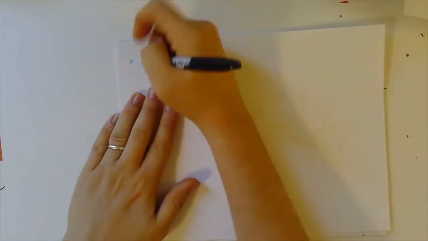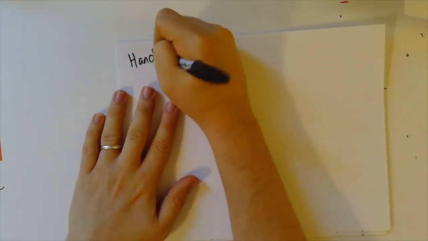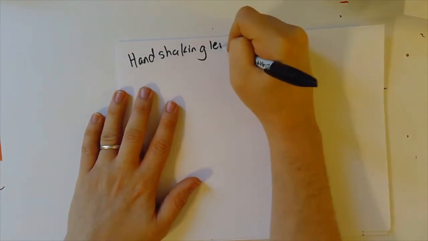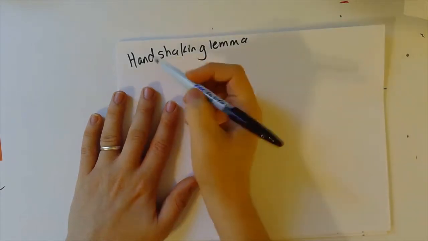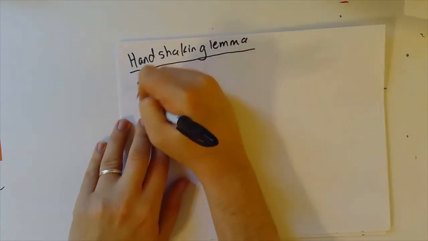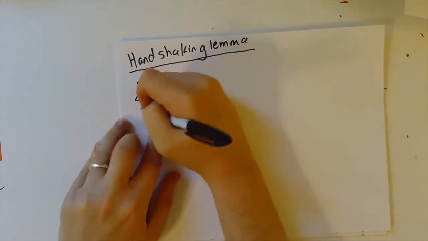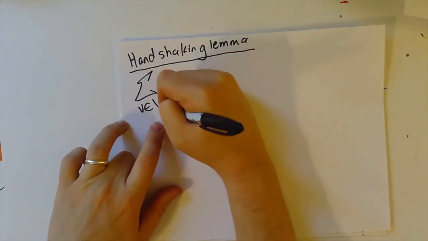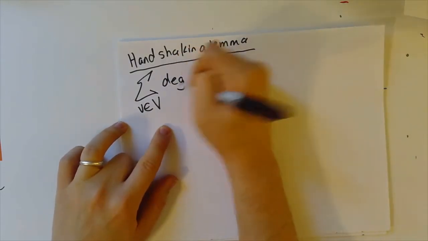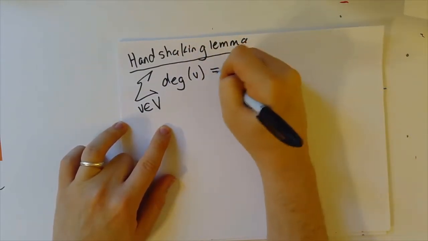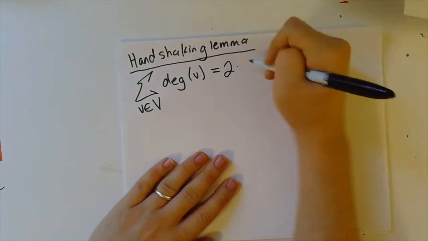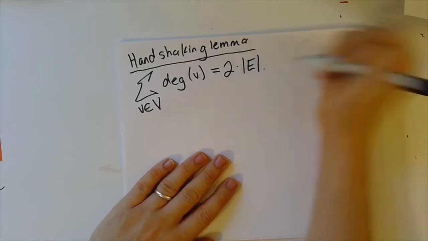And what the handshaking lemma says is that if you take the sum across all the vertices of a graph of the degree of that vertex, the thing you get is 2 times the number of edges in the graph.